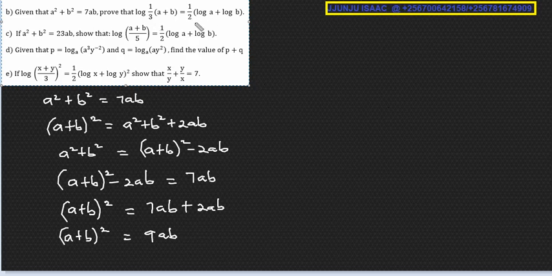Okay, so now the idea is very simple here. When we look at this, we have a + b, but we don't have (a + b)^2. So you can just find the square root. So finding the square root on both sides, this is a + b, and this is the root of 9ab.